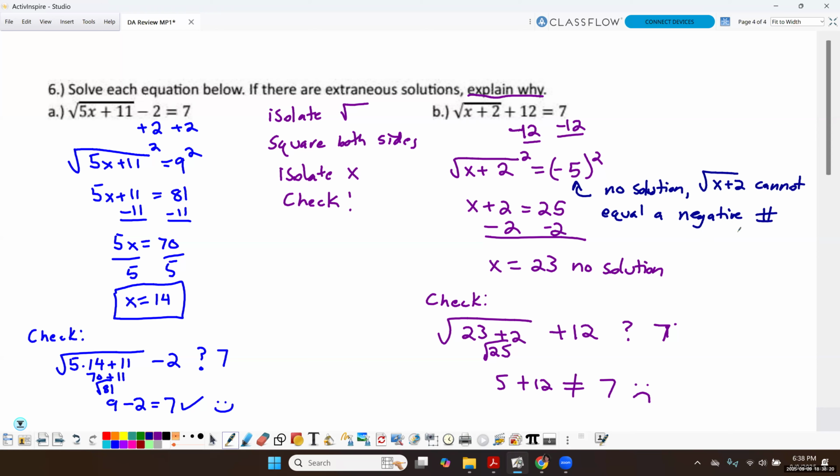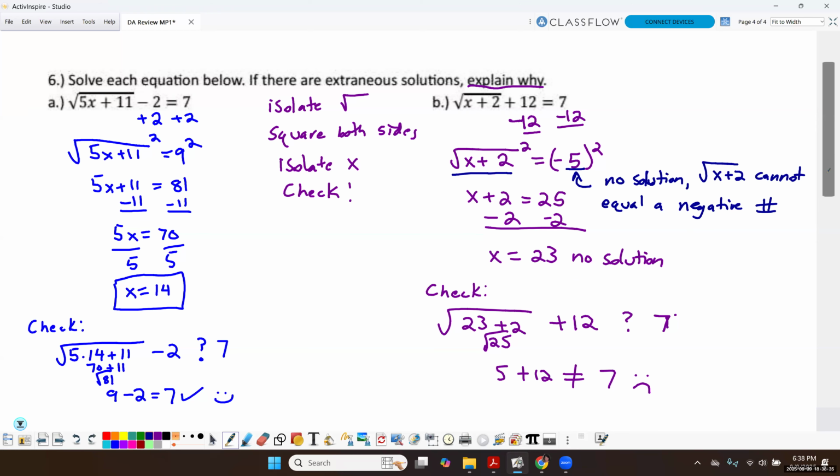So your choices are purple, solve all the way, check, and say no solution, or stop when you get here without the squares and give an explanation. At this point, you should pause the video and try C and D on your own.